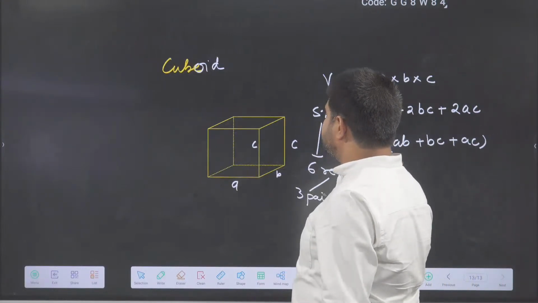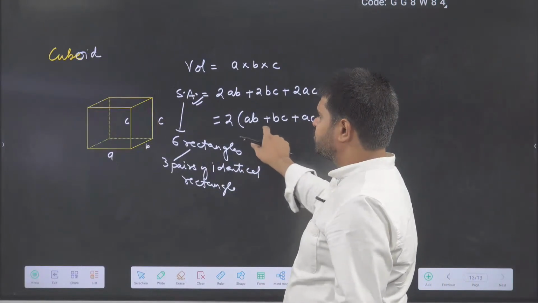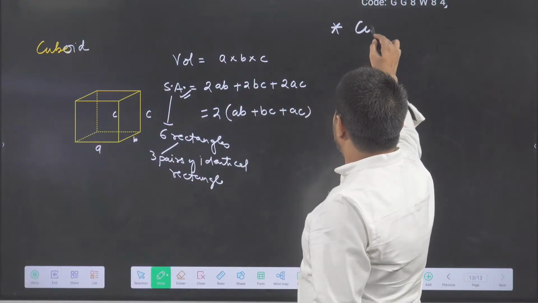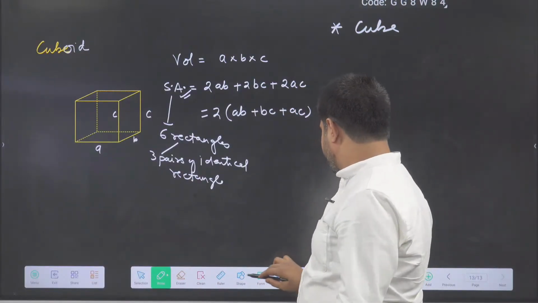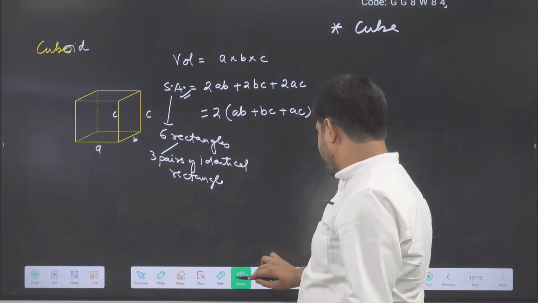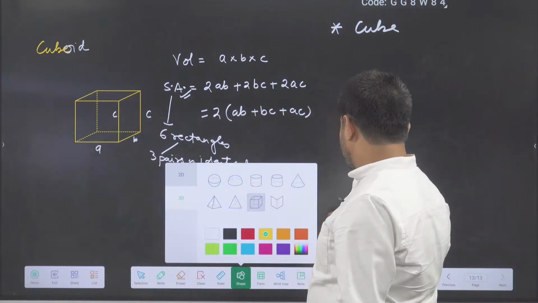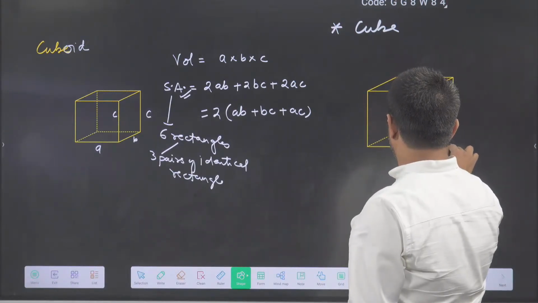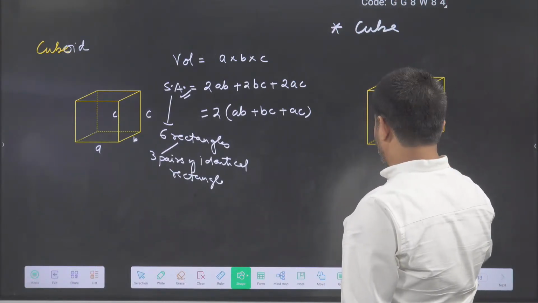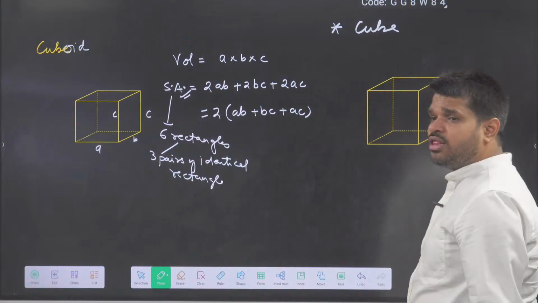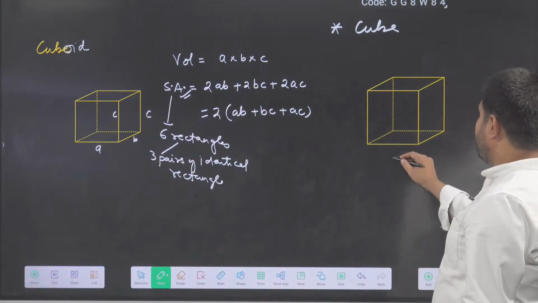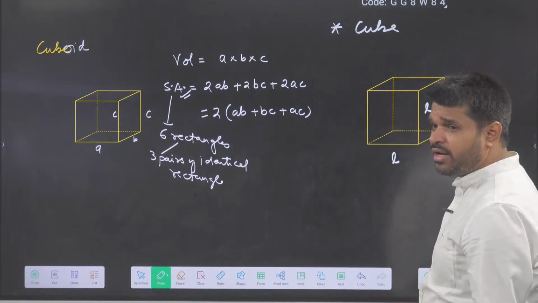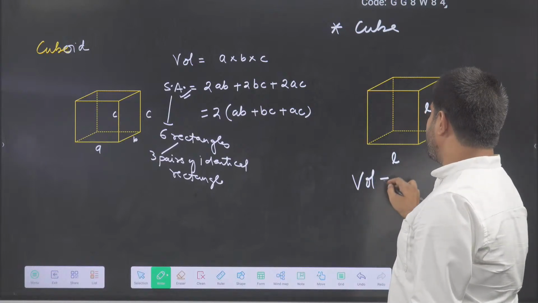Now, let's discuss cube also. In cube, all these sides are equal: L, L, L, L. So volume is very simple.